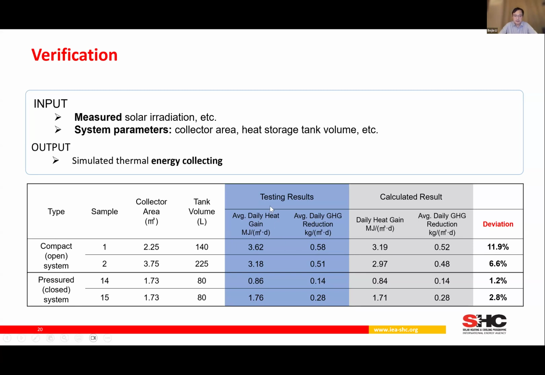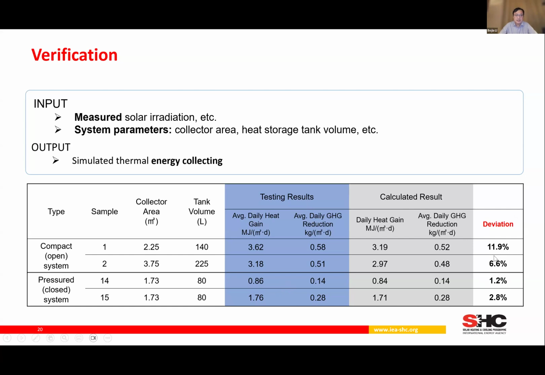You can see the average daily heat gain of the compact system is larger than the pressurized system because the collector slope is much better for this type of system, and the solar irradiation on the rooftop is much better than on the balcony. For the deviation between the testing result and the calculated result, we can see the deviation is about 10%. So we think this model could be used for long-term simulation.